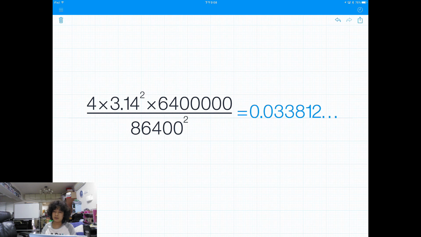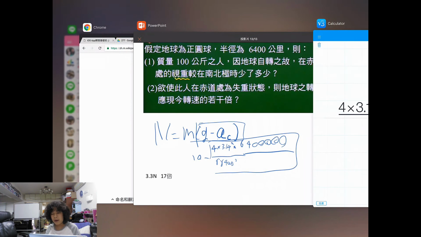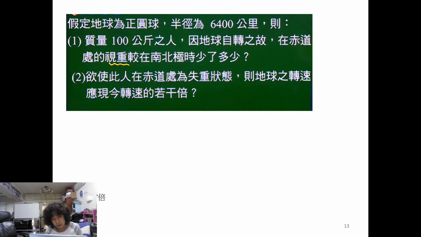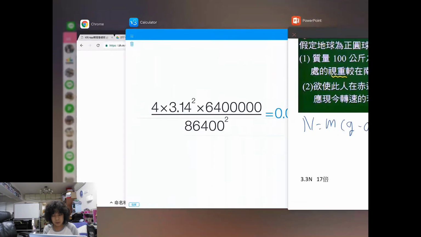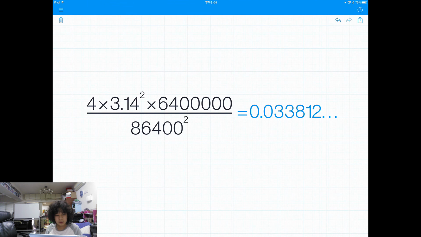You will get this number, which is about 0.03, so N equals m times g minus AC, which is equal to m times 10 minus 0.03. And wait, let me go back and check it again. 4 pi squared times R divided by T squared, and now you'll get this number.